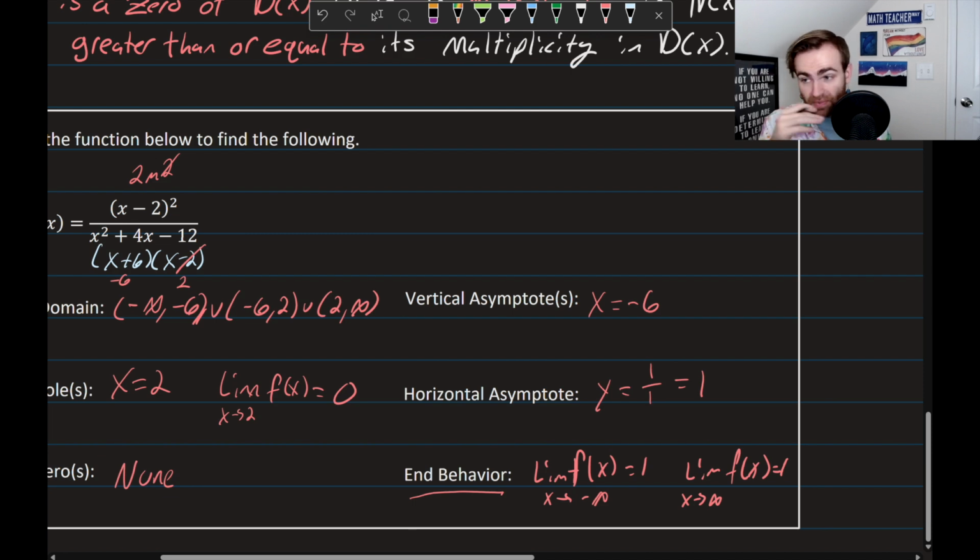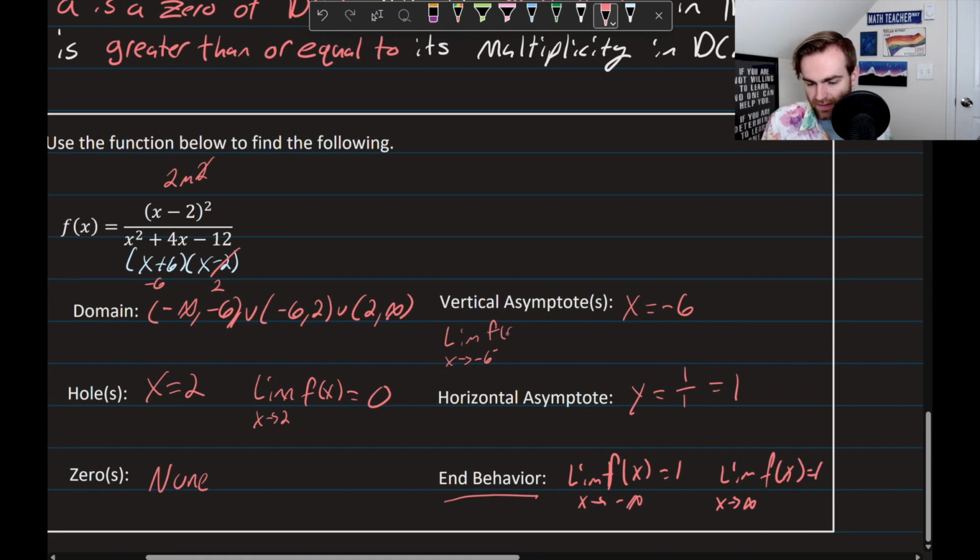Vertical asymptote, we can plug in a number really close to -6 on both sides, see what happens. I'm going to just go ahead and say that the limit as x approaches negative 6 from the left of f of x is infinity, and the right-hand side is negative infinity.